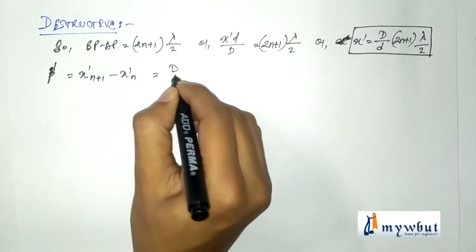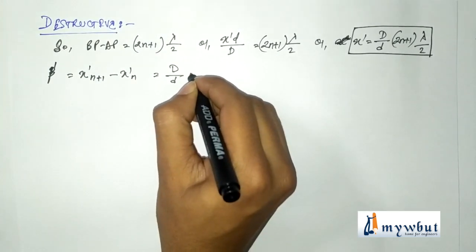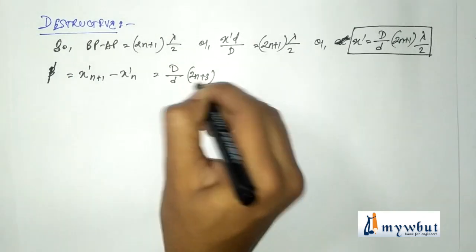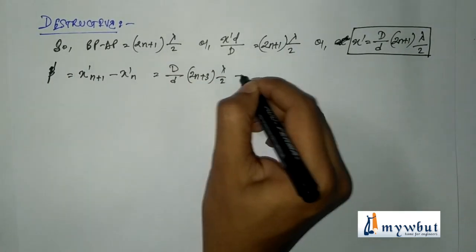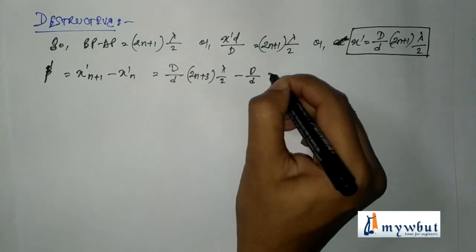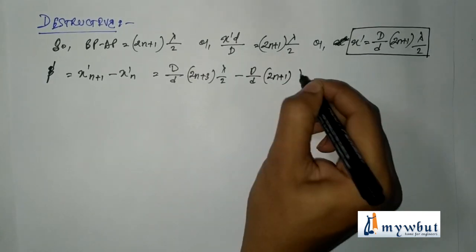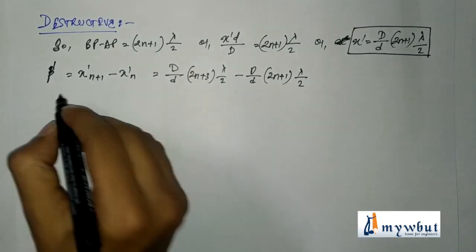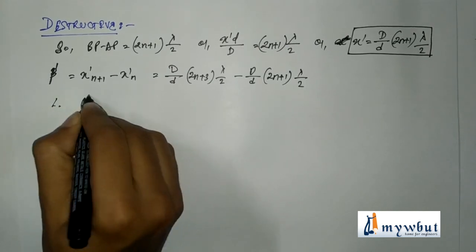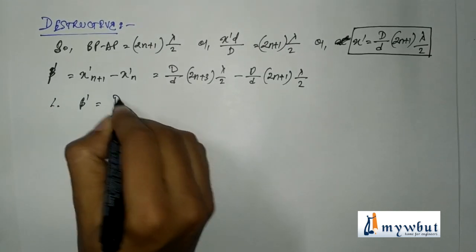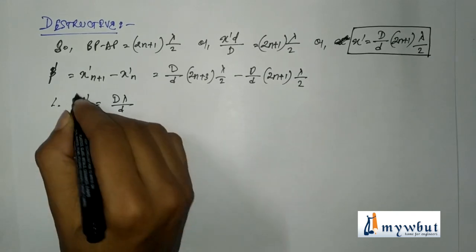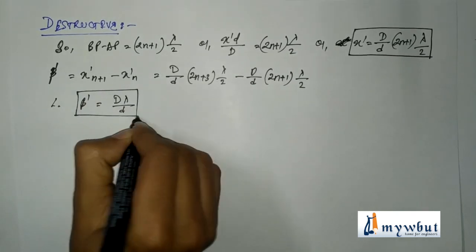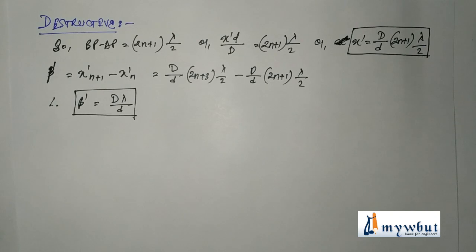That will be equal to capital D by small d times (2n plus 3) lambda by 2 minus capital D by small d times (2n plus 1) lambda by 2. Therefore beta dash must be equal to capital D lambda by small d. Hence the dark fringes are also equispaced.